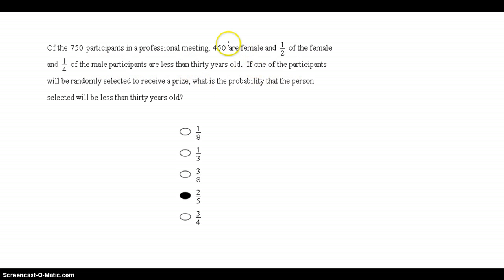So we have 225 plus 75, which is 300 of our participants less than 30. So 300 out of the 750 would be 30 out of 75, and then divide top and bottom by 15, and you'll get 2 out of 5.